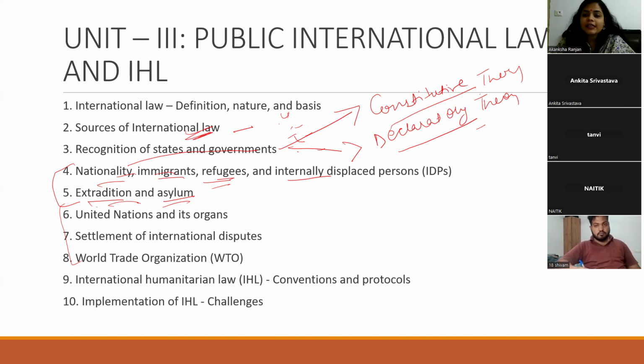How many organs are there, which organ was established when, and what is the composition of that organ is also very important. For example, the General Assembly, ECOSOC, the Security Council: for all these three, there are different voting procedures, different compositions, different time limits, etc. That is important for you to know, and obviously the purpose of these organs.